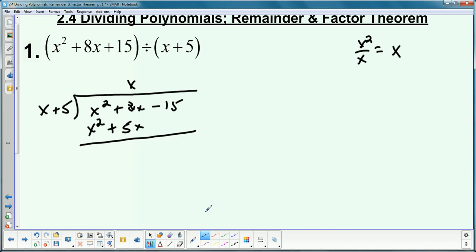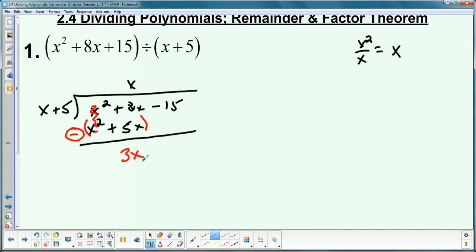And here is where I said we tend to make mistakes. After we do that, we need to make sure that we are subtracting, so really it's like subtracting for this whole thing. We get x squared minus x squared. These first two should always cancel out, and 8x minus 5x gives us 3x.